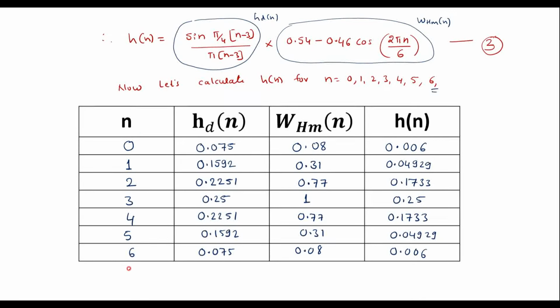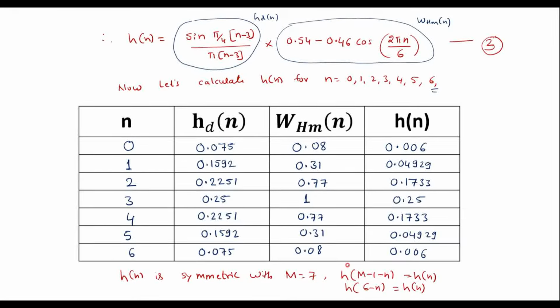So here we can see that h of n is symmetric with m equal to 7. We know that the symmetry property says that h of m minus 1 minus n is equal to h of n. That is nothing but, here m value is 7, h of 6 minus n is equal to h of n.